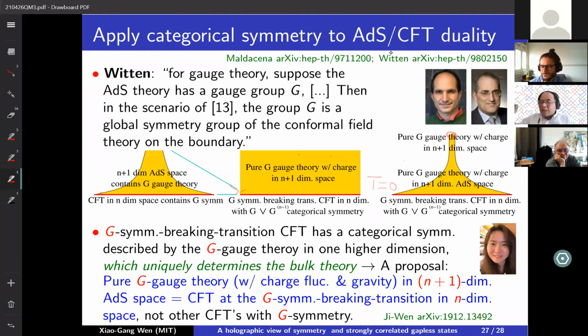Usually people say that at infinity we just ignore it, but here I say this infinity is a TQFT and has a structure. And this structure, in some sense, determines what the middle should look like. So basically there's the conformal field theory, there's the TQFT, and the middle is the AdS theory.